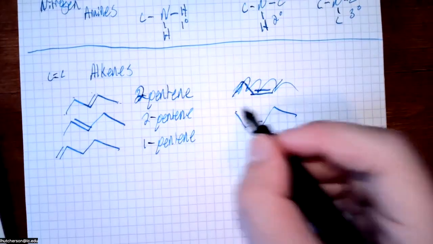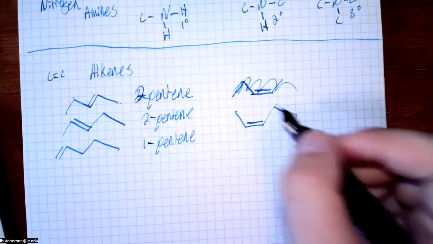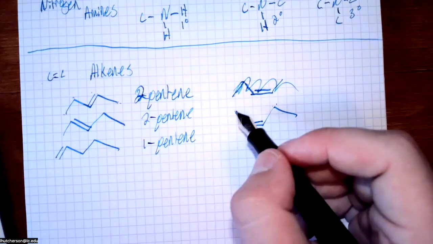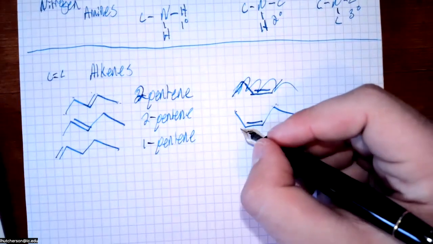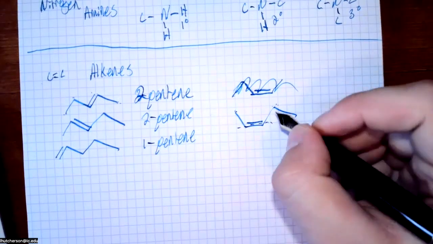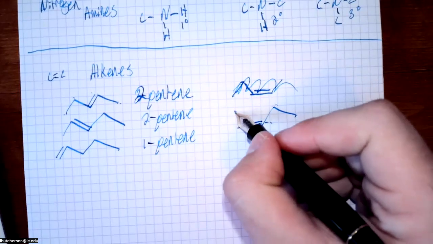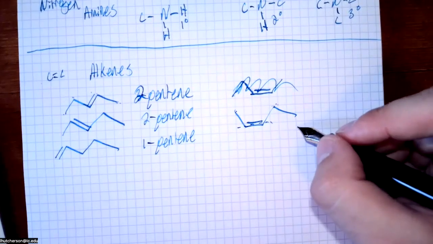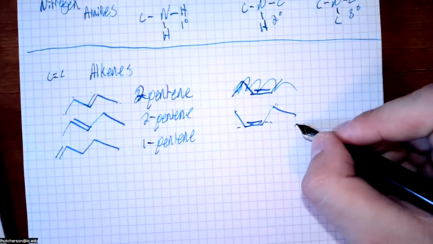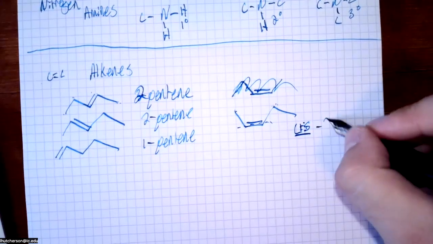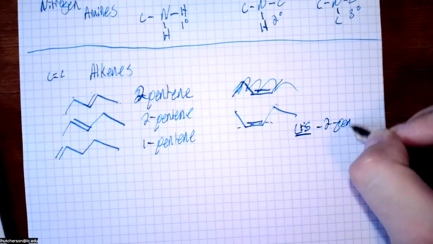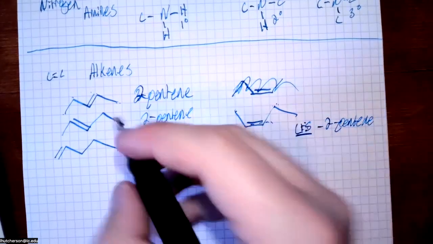And so these carbons are rigidly locked in this orientation relative to each other, just like these are rigidly locked relative to each other. So if we look at this, these carbons are on the same side of the double bond. Because of that, we are going to use the prefix cis. This is cis-2-pentene.